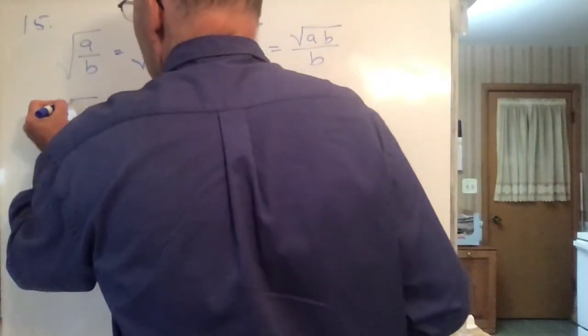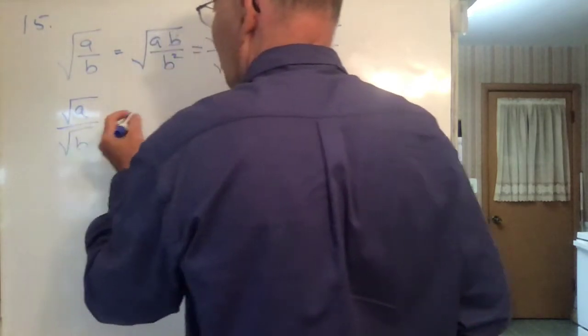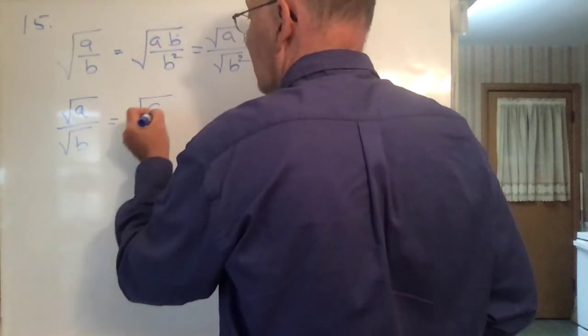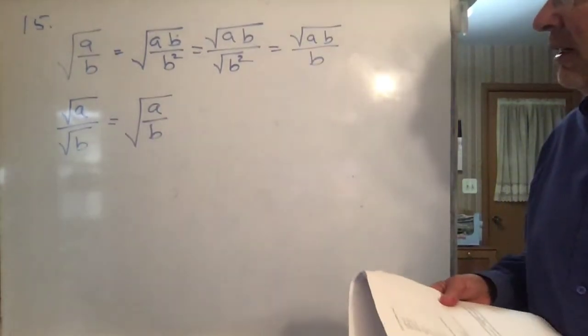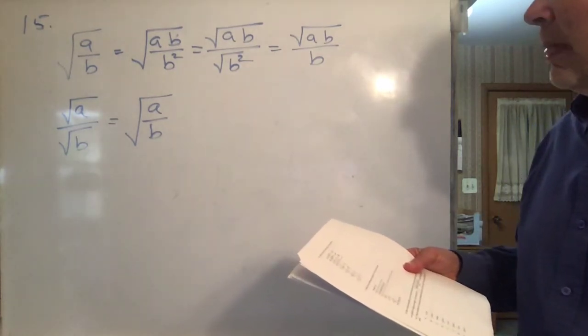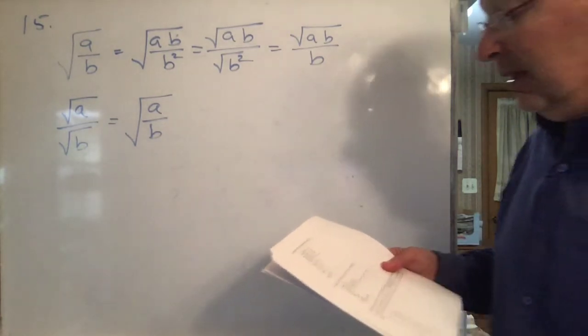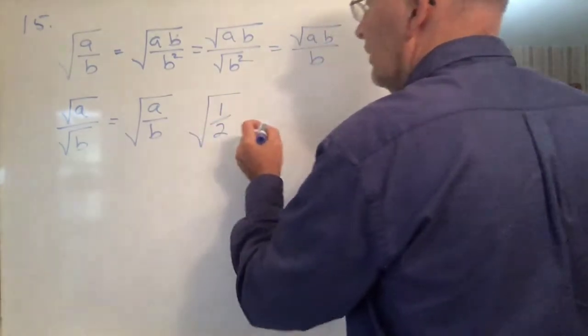This one here, if you have the square root of a over the square root of b, again, when things are multiplied and divided, you can just combine them like that. And finally, the square root of 1/2.